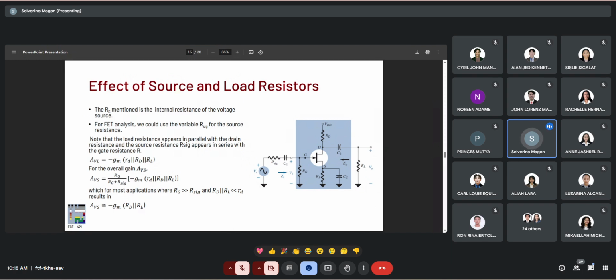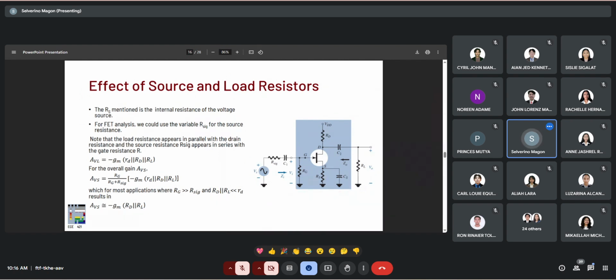So we're using the notation R sig, so as not to confuse with the RS on the side of the source, because we have the RS here. So instead, we're using R sig notation. The load resistance appears in parallel with the drain resistance, and the source resistance R sig appears in series with the gate resistance.